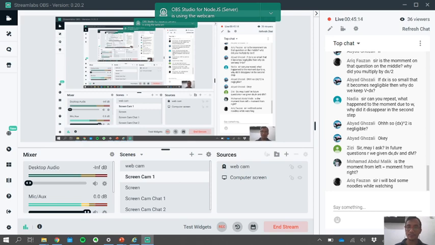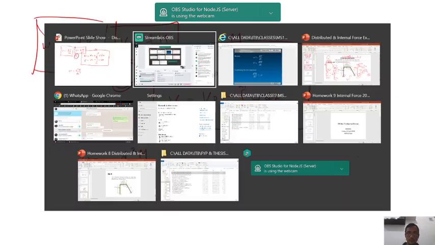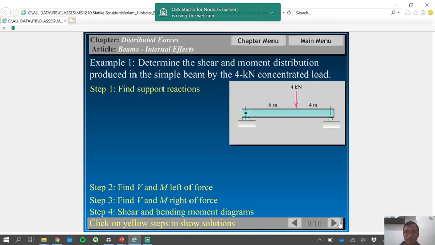Let's try directly to a particular problem. Okay? I want to try to solve a problem from here. This one. Okay? This is a problem example.